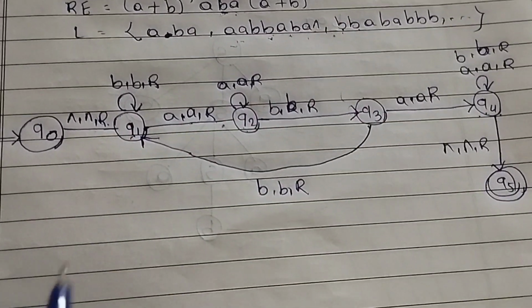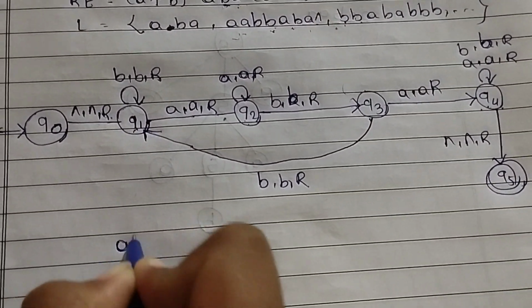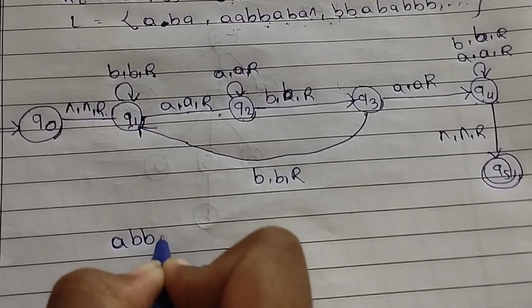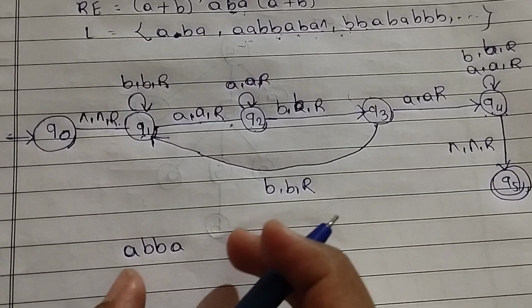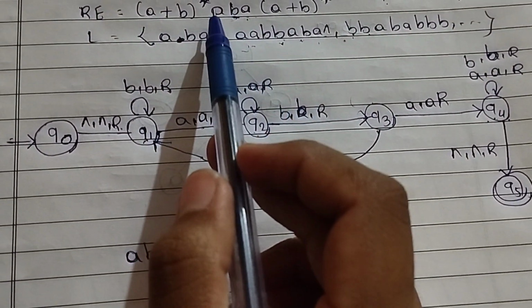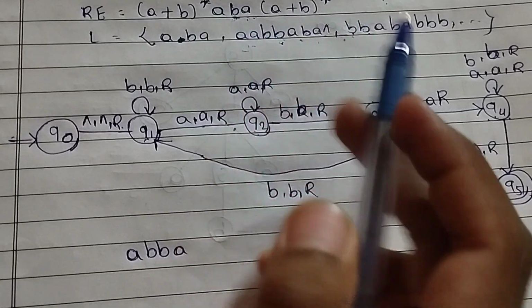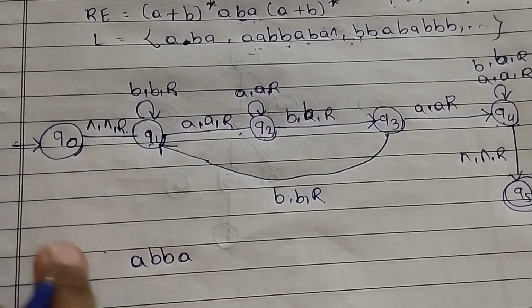Let's see here. For that, let's consider the example ABBA. This is a simple small wrong string, because we want the substring ABA. So let's start with this.